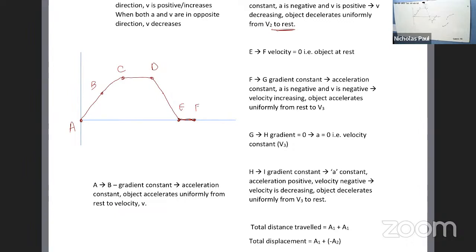Constant gradient, constant acceleration, but the velocity negative. Straight line going up, right? That's the G. Two more: G to H, H to I.